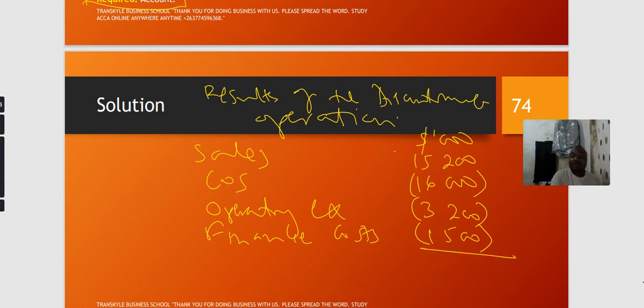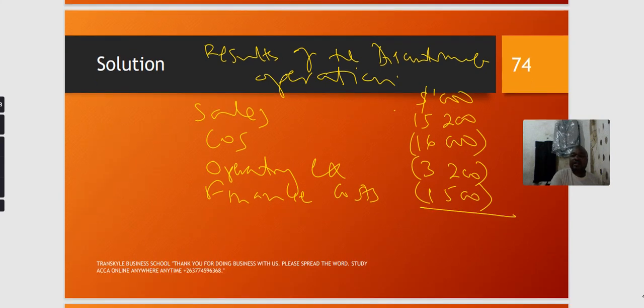So how much are we recognizing as the profit or loss for this discontinued operation? Let's use our calculators. 15.2 million minus 16 million minus 3.2 million minus 1.5 million. That's negative 5.5 million.